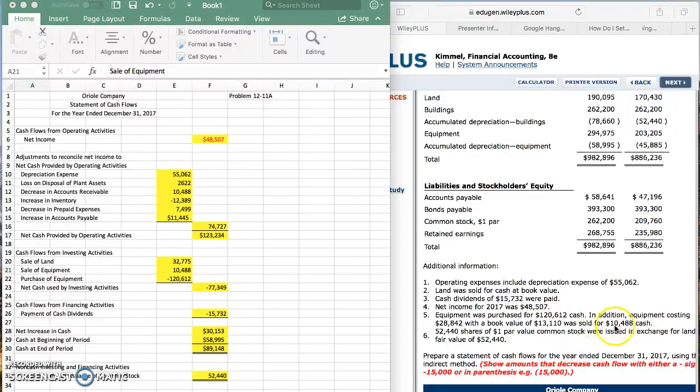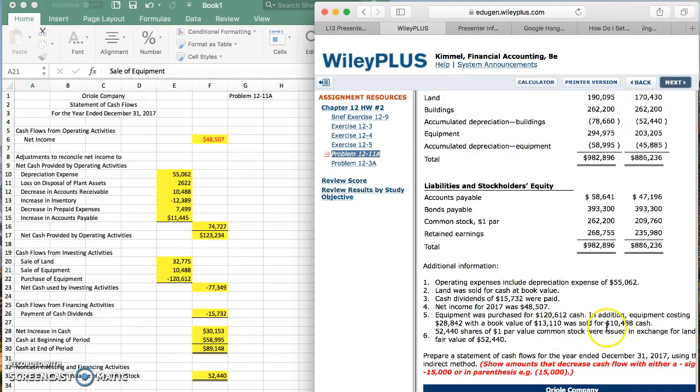So because there's a difference here, it was sold for less than the book value, we have to account for that loss. And because of our rules from the chapter, gains are deducted and losses are added. We are going to add that to cash.